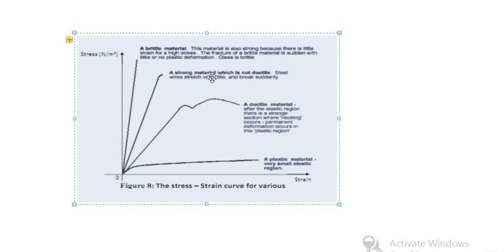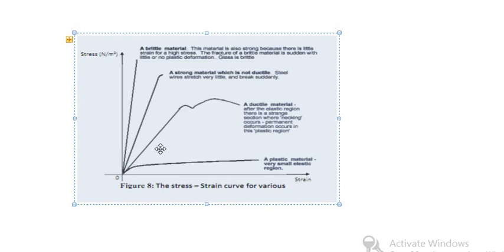We can have a strong material which is not ductile, because a ductile material has its own property. For this material, you can see it has high stress but low strength, but not as small as the brittle material. It has little yielding. It has undergone yielding, but not that of a ductile material.